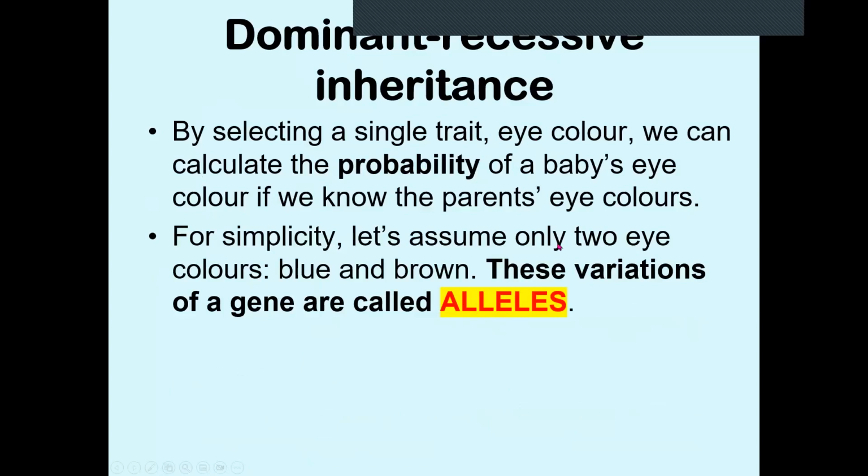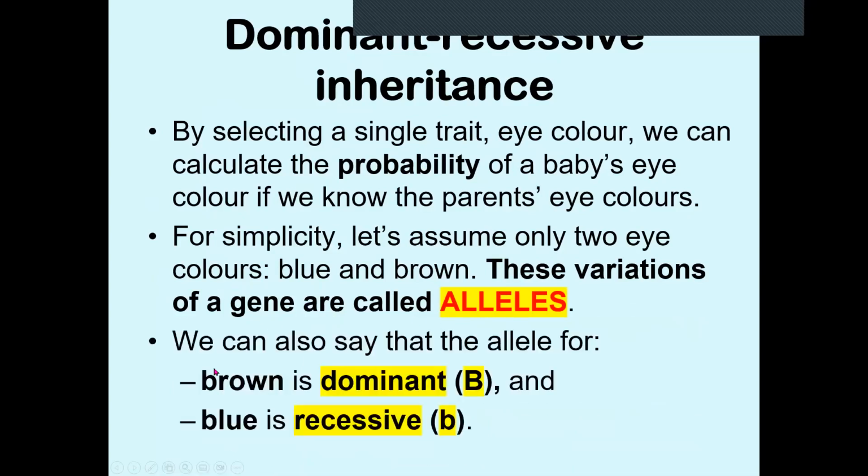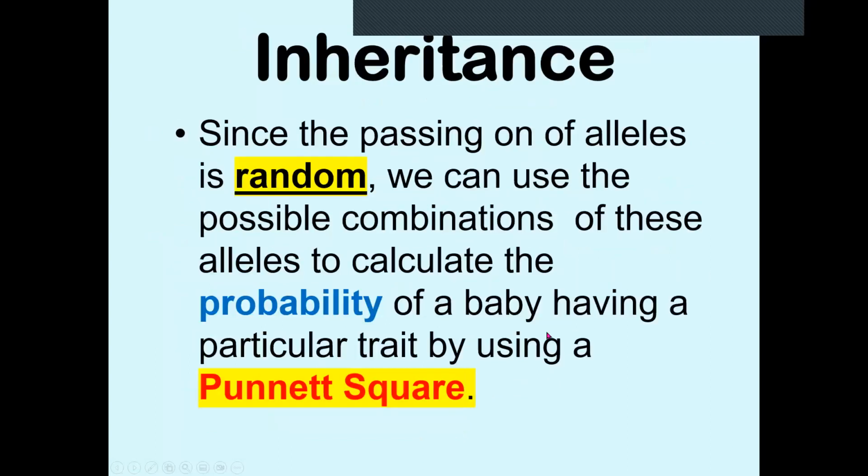Say there are only two eye colors, blue and brown, and the variations of the gene are the alleles. We mentioned that. Now we'll say that the brown is dominant for the eye color, and blue is the recessive. So we would show the dominant with a capital letter and the recessive with a little letter.